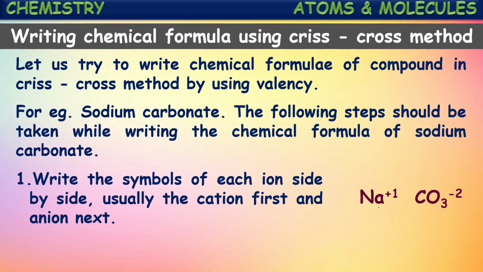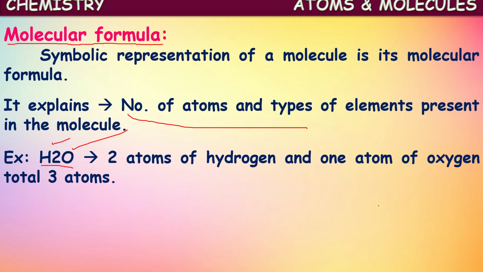The molecular formula is helpful to us in stoichiometric chemical reactions and analytical chemical reactions. Means what? The amounts of reactants reacting together and product produced in the reaction, and what volumes of reactants react together and volumes of product produced in the reaction.